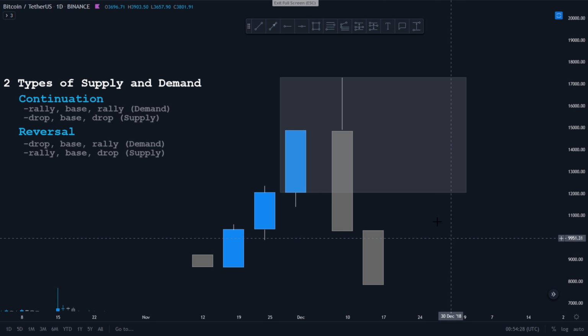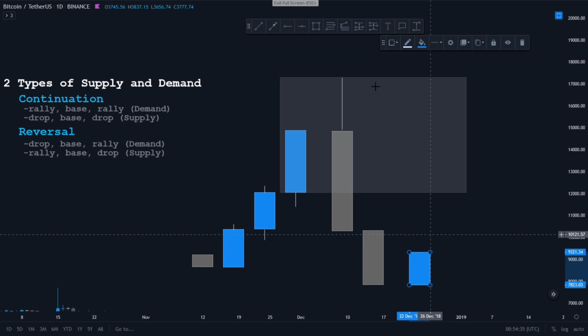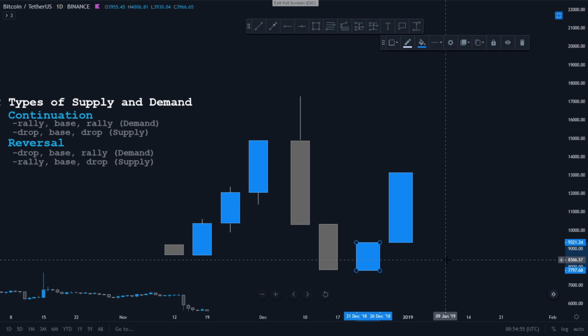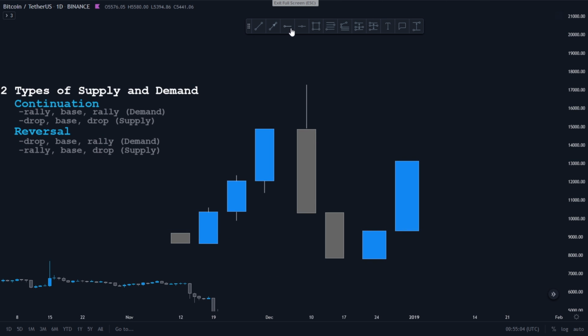And now guys, if you have suddenly a bullish candle here, this one here would be considered as a demand zone, because the price rallies from here, right?